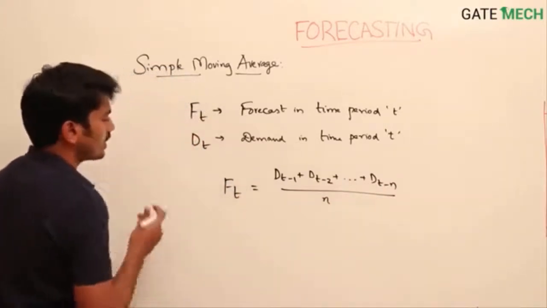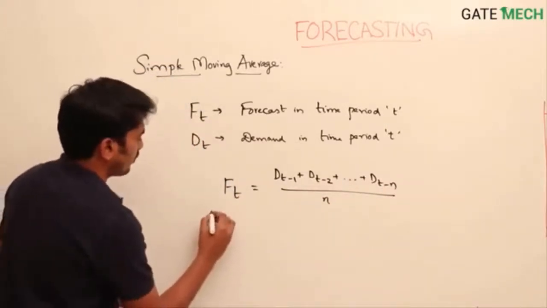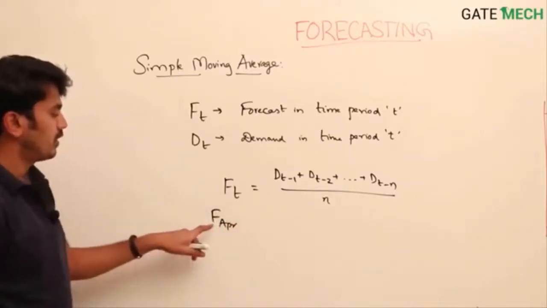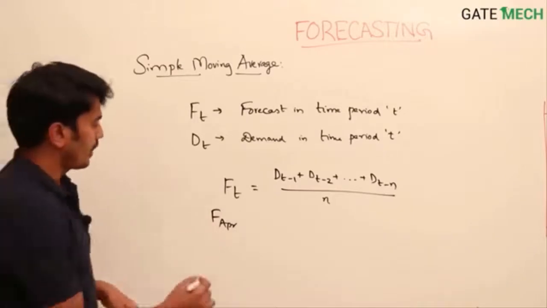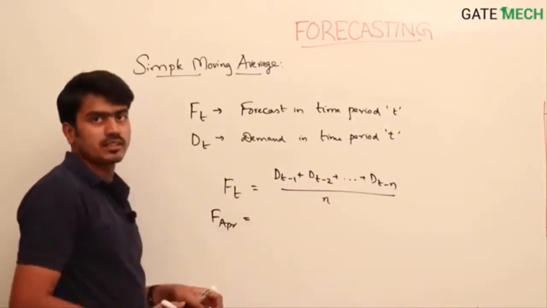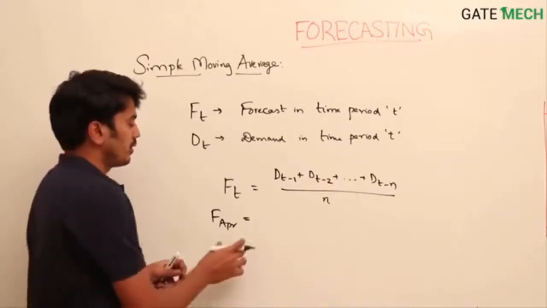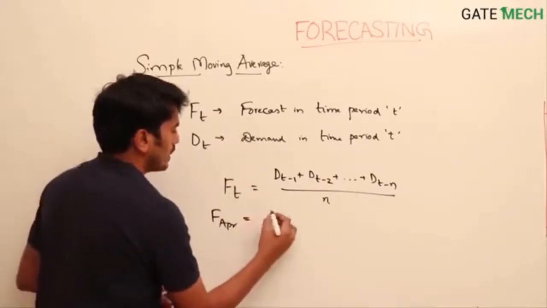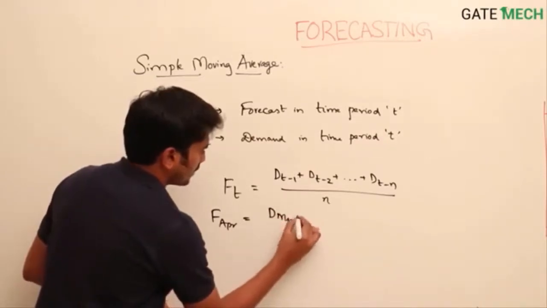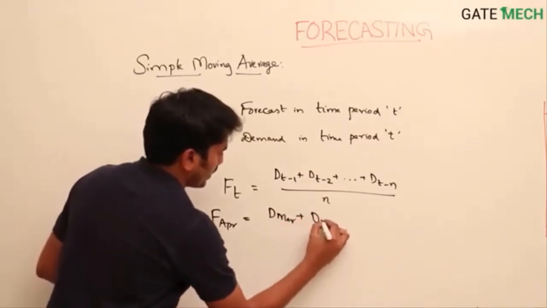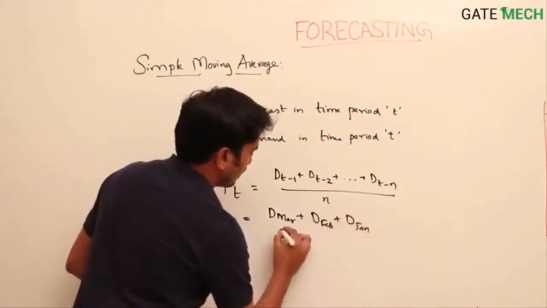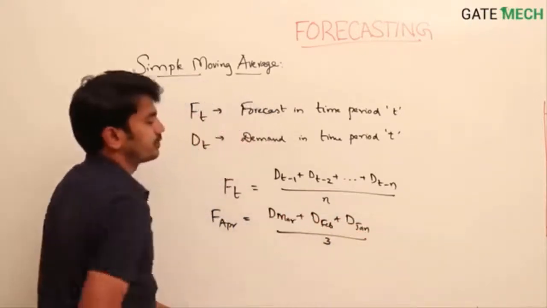Suppose t is April, and I want to derive a forecast for April. If we say we will take the last 3 months of demand, a 3 month moving average, then it will be demand in March plus demand in Feb plus demand in Jan, divided by 3.